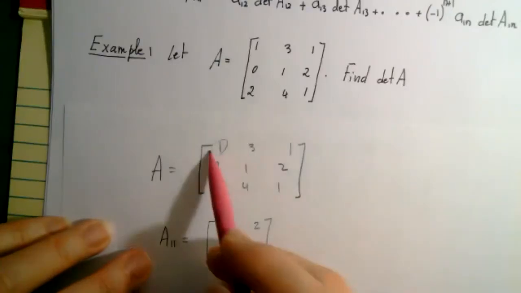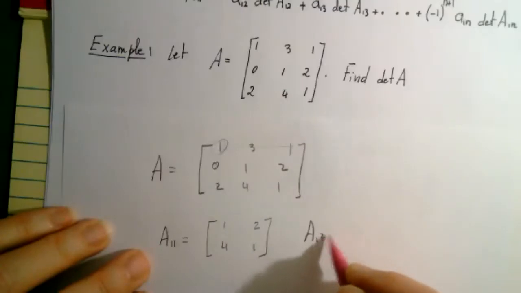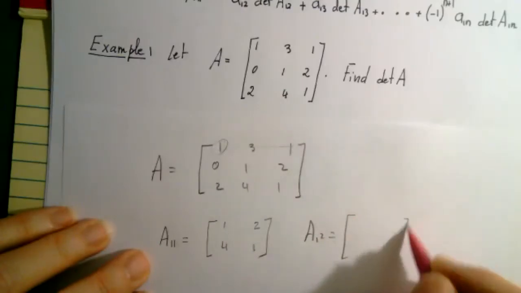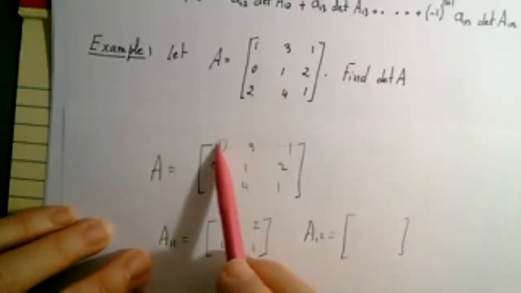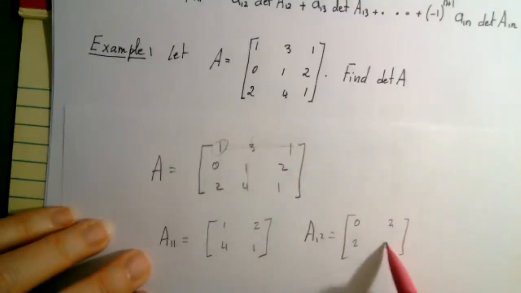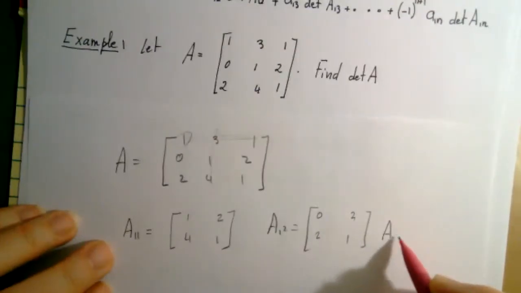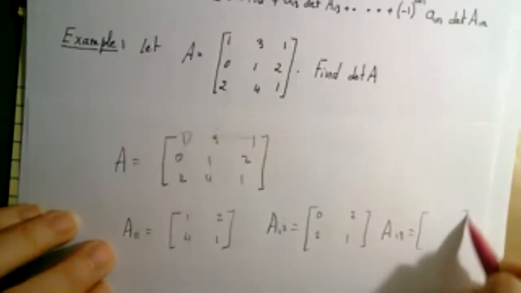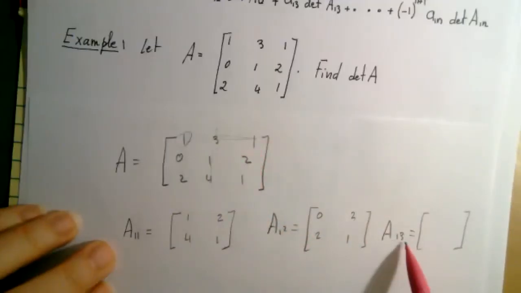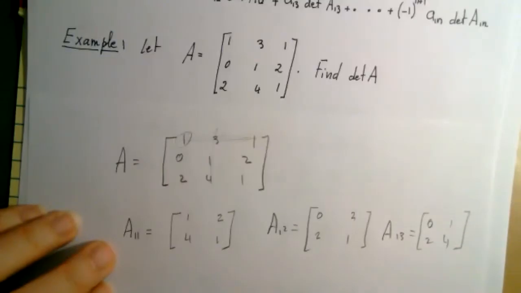Now what is A12? For A12, we remove the first row, second column. That's what those Aij are about. And finally, what is A13? We remove the first row, third column, and we get that.